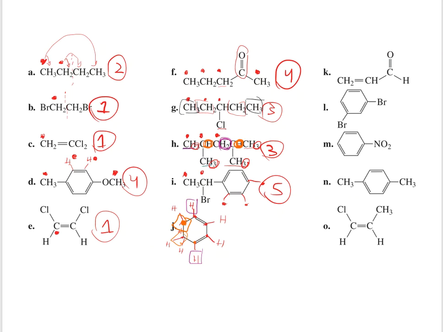Well, if I look at this carbon, to the left is a carbon that is single bonded. To the right is a carbon with a double bond. Now compare that to these hydrogens. These hydrogens are attached to a carbon, and on the left is a carbon with a double, and on the right is a carbon with a double. So they are not equivalent here.